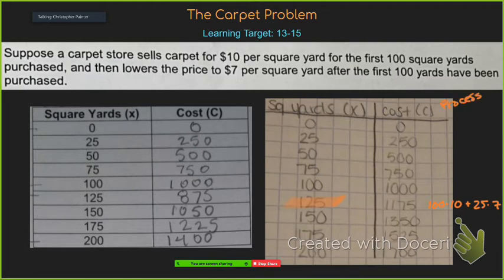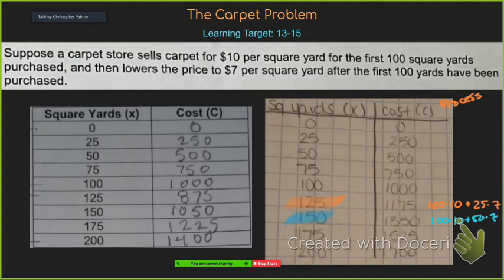And then maybe I would switch colors and also switch examples, and I might talk about that one. And I might say, well, that's really 100 times 10 plus 50 times 7. And then I would start to ask myself, okay, where are those numbers coming from?